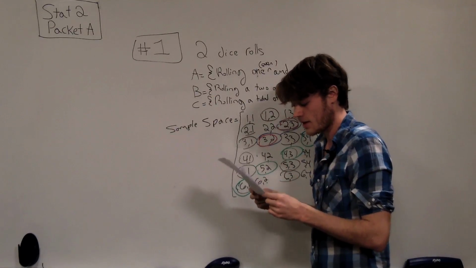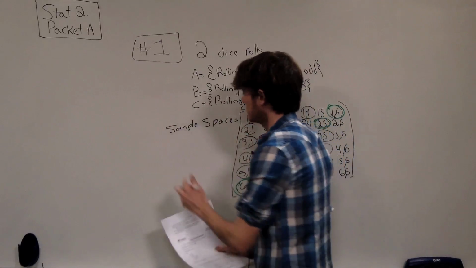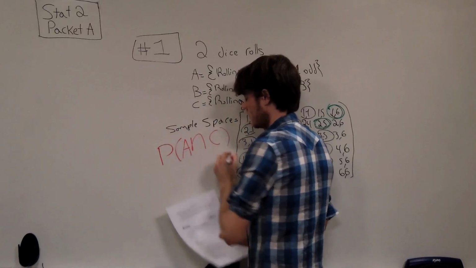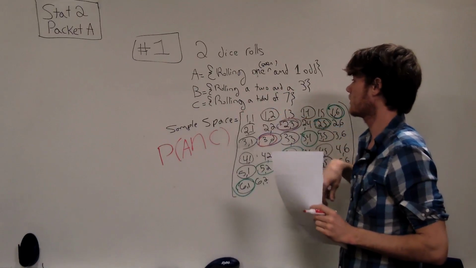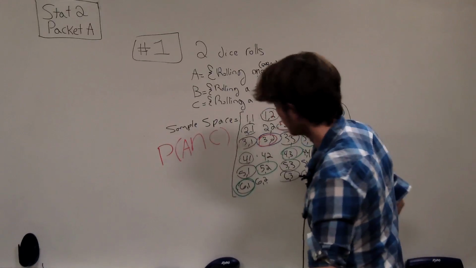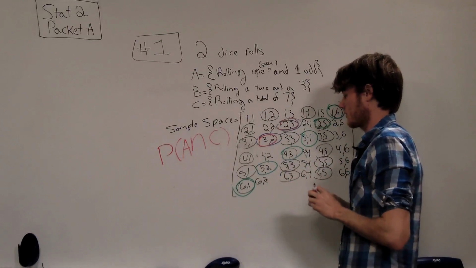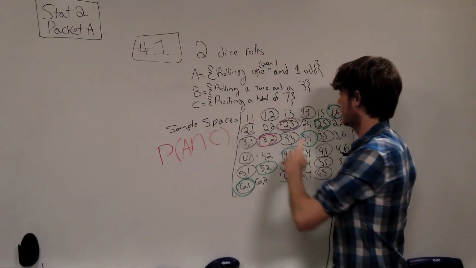Part F now. Probability A and C. Let's see, the probability of rolling an even and an odd and a total of 7. So now we're going to look at all the things that total 7 and are even odd combinations. All right, so let's see.